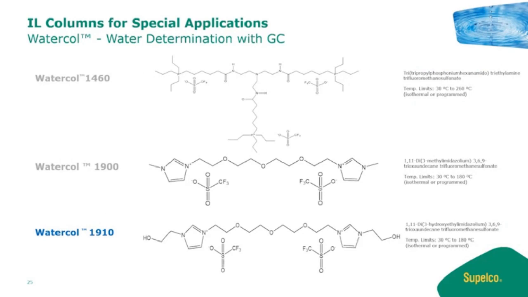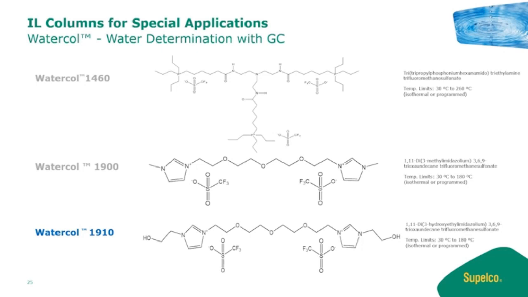And here are the structures of these three particular Watercol stationary phases. Very different than the traditional ionic phases I showed you earlier. Again, the Watercol 1460 has a cation structure identical to the SLB-IL72, except in this case we've used the triflate anion.